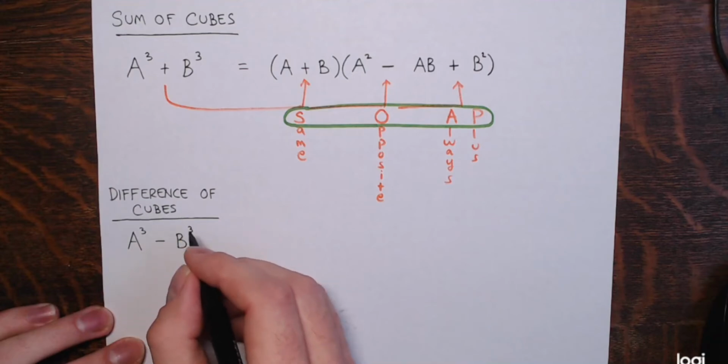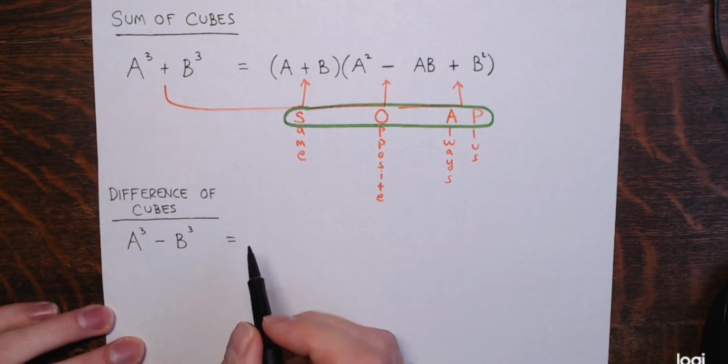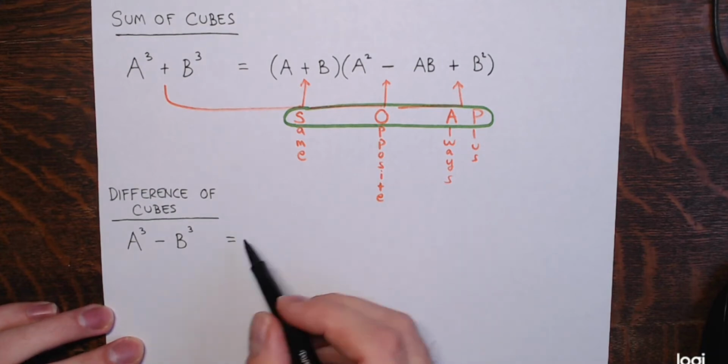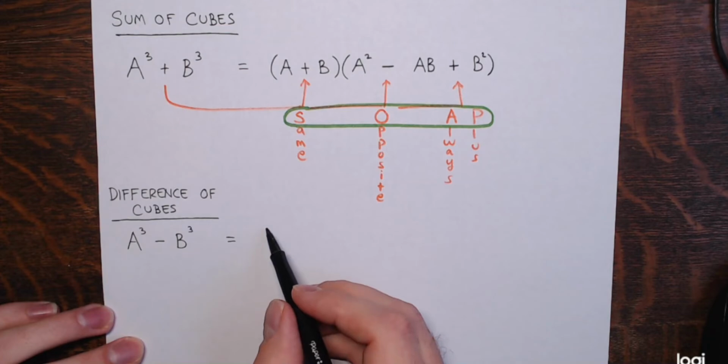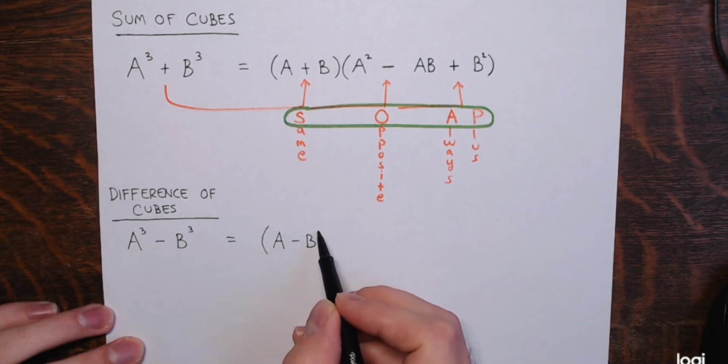A cubed minus b cubed. It's got the same structure. If you see something that's a difference of cubes like this, you can factor it. The first factor is just get rid of the cubes. A minus b.